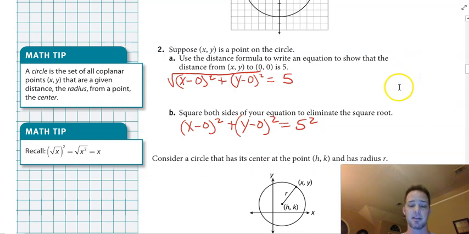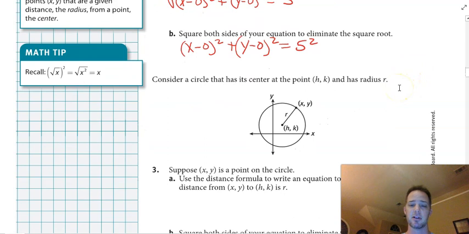On the next example, it wants us to consider a circle where the center is not at 0, 0, where it's at h, k. So we can do the same thing, except this time, instead of subtracting 0, the x value that we're going to be subtracting is h, and the y value we're subtracting is k. We're going to leave r as r because we don't know what those values are.